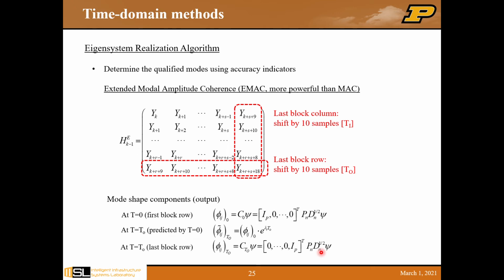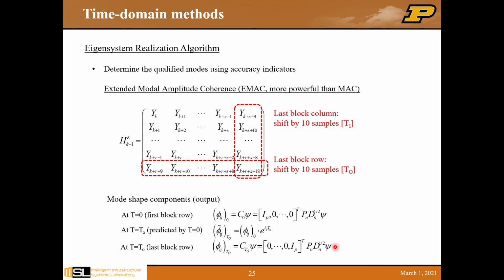The next step is to extract the mode shape components corresponding to the last block row. The result is that phi ijTO is equal to CTO times psi, which is equivalent to extracting the last block row of the P times Dn to the 1/2 times psi matrix.